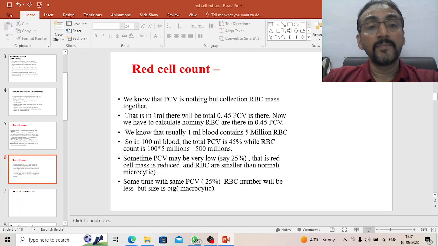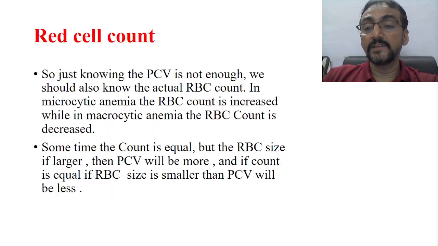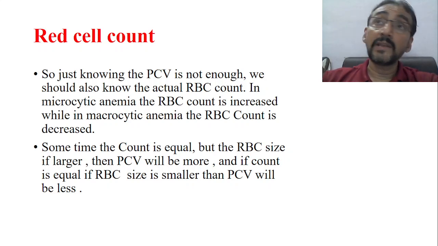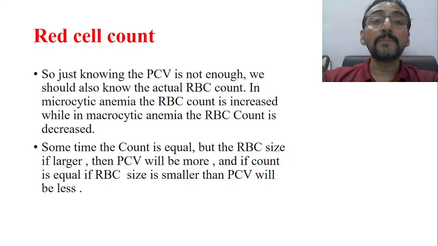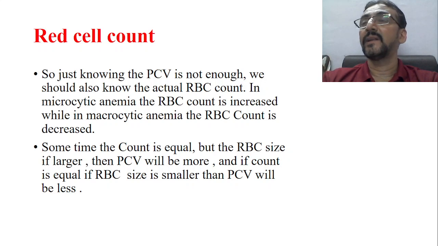Now I think this is the same repetition I am telling. So यहाँ पे क्या हो गया? Just knowing the PCV is not enough, है ना? Just understanding the PCV or identifying the PCV is not enough to do any diagnosis, because PCV may vary in microcytic and macrocytic anemias.